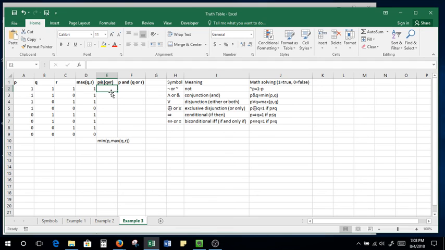And now we're looking at the minimum value of P and the column we just calculated. So let's take the minimum values of those 2 columns. 1, 1, 1, 0, 0, 0, 0, 0.